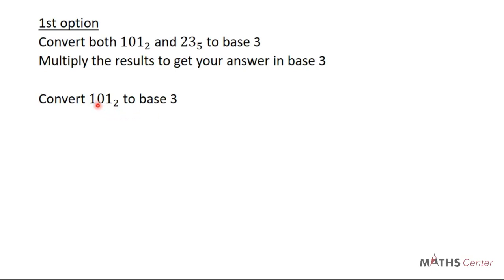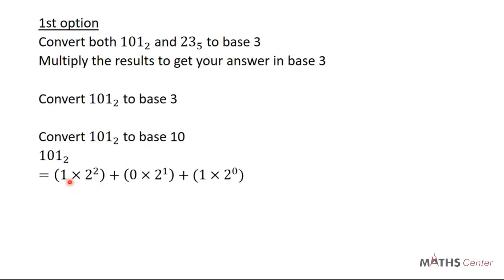To convert 101 base 2 to base 3, you first have to convert 101 base 2 to base 10. Converting to base 10, we have 1 times 2 squared plus 0 times 2 exponent 1 plus 1 times 2 exponent 0.